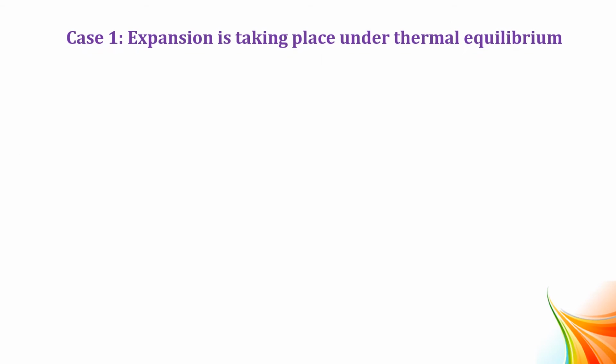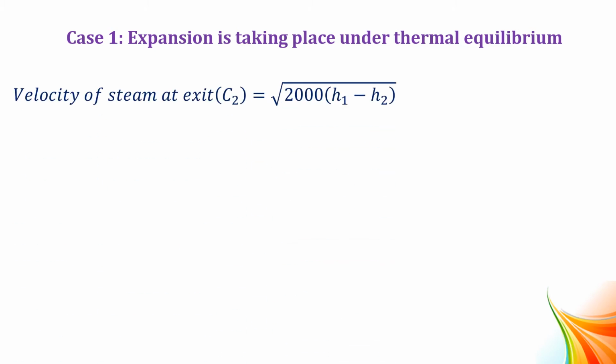Now, substituting the values obtained from the Mollier diagram in the formula, if the flow taking place in the nozzle is under thermal equilibrium, then the velocity of steam at the exit C2 equal to square root of 2000 into H1 minus H2.